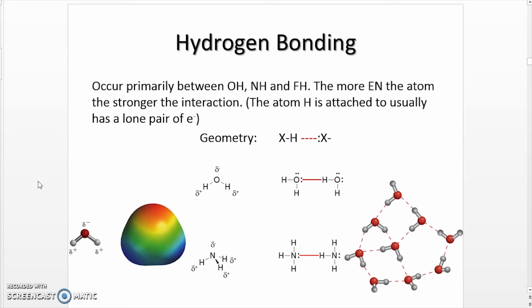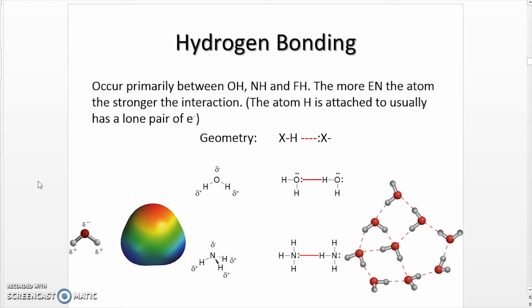You're probably familiar with this type of interaction with a water molecule, where you can see the water molecule written as HOH. The oxygen, being electronegative, is pulling electron density towards itself, resulting in a slightly negative charge. This then creates a slight positive charge on the hydrogens.